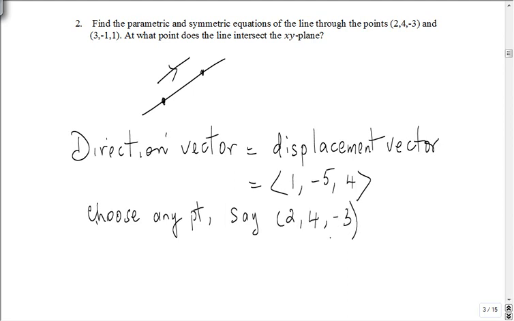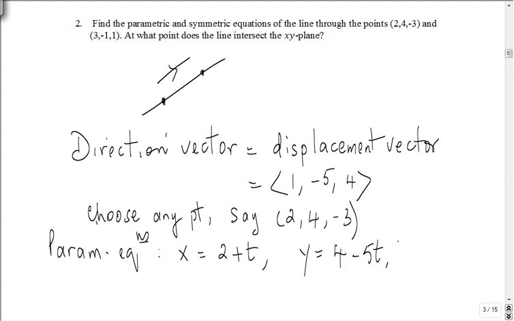So the parametric equations would be x equals 2 plus t, y equals 4 minus 5t, z equals -3 plus 4t.